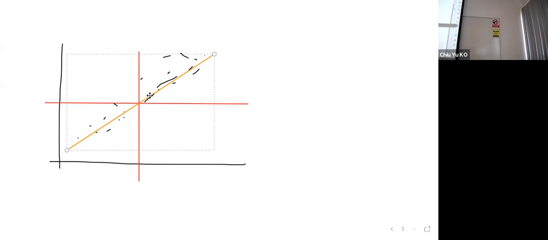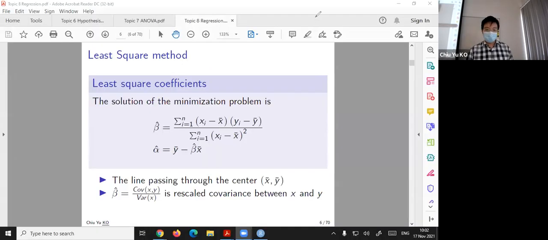The next thing you ask is why your denominator is variance. That is just the scaling factor. You can imagine that if my x is multiplied by 10 times, I shouldn't expect the formula to be different.